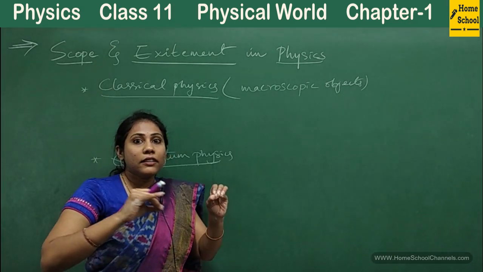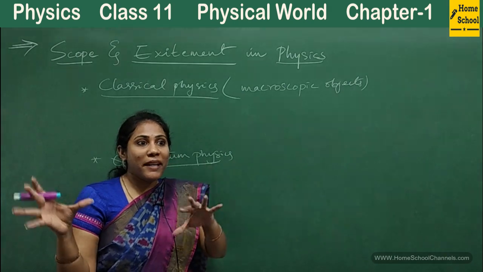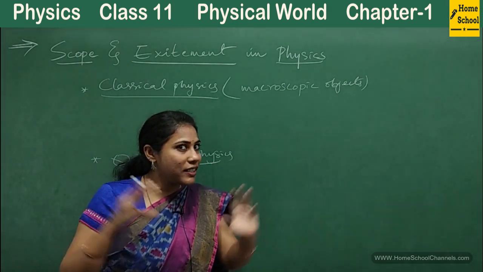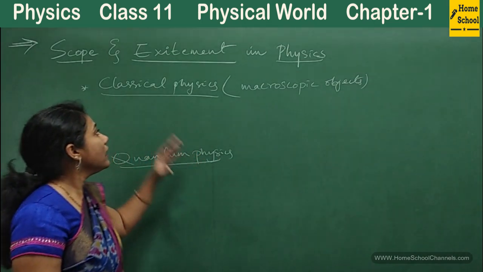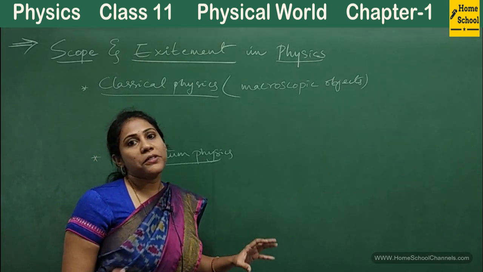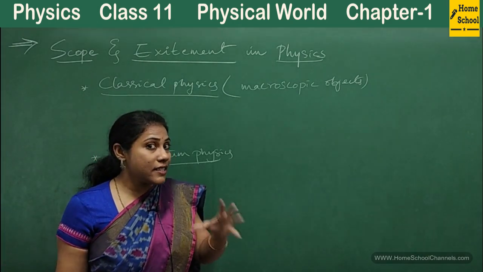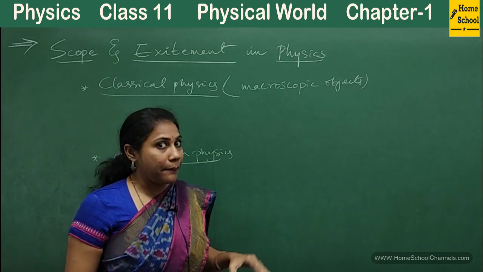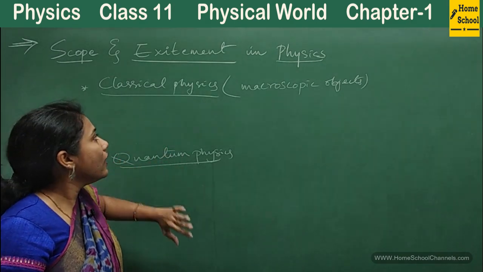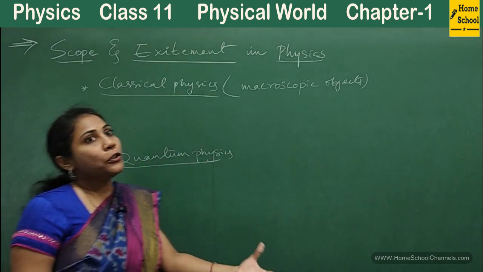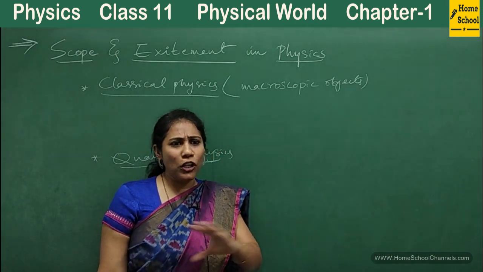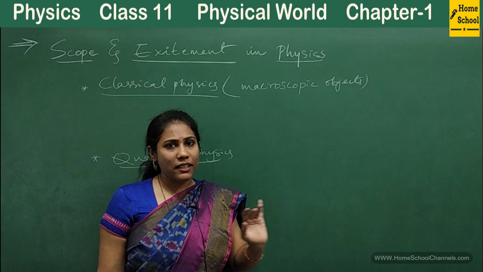So the concept of force, the concept of pressure, whatever the laws associated with the movement of this board, will come under classical physics. Whatever you study about macroscopic objects, whatever the laws or theories involved in studying them, all of them come under classical physics. For example, the study of big celestial bodies like stars, planets, galaxies, all of them come under classical physics.